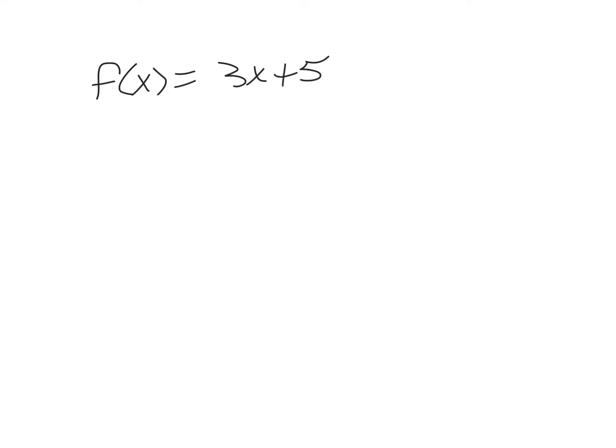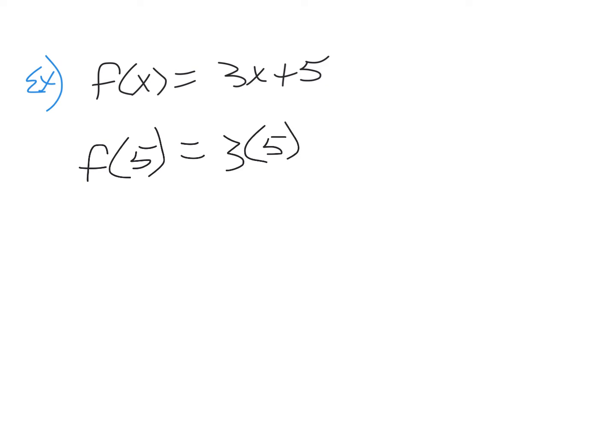Okay, so here is an example. It says that we have f of x equals 3x plus 5. So you could be asked to find anything. So let's say f of 5. Well, f of 5 would be 3 times 5 plus 5. And 3 times 5 is 15.